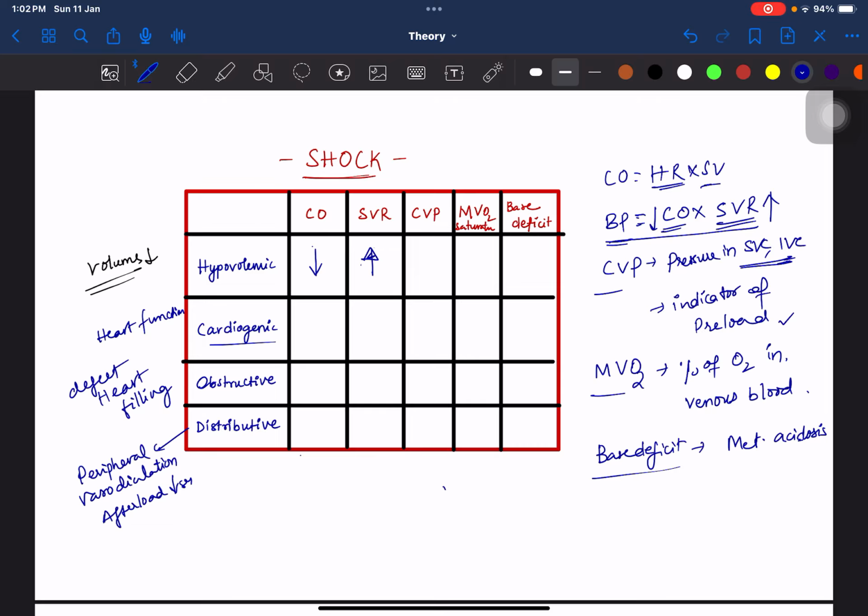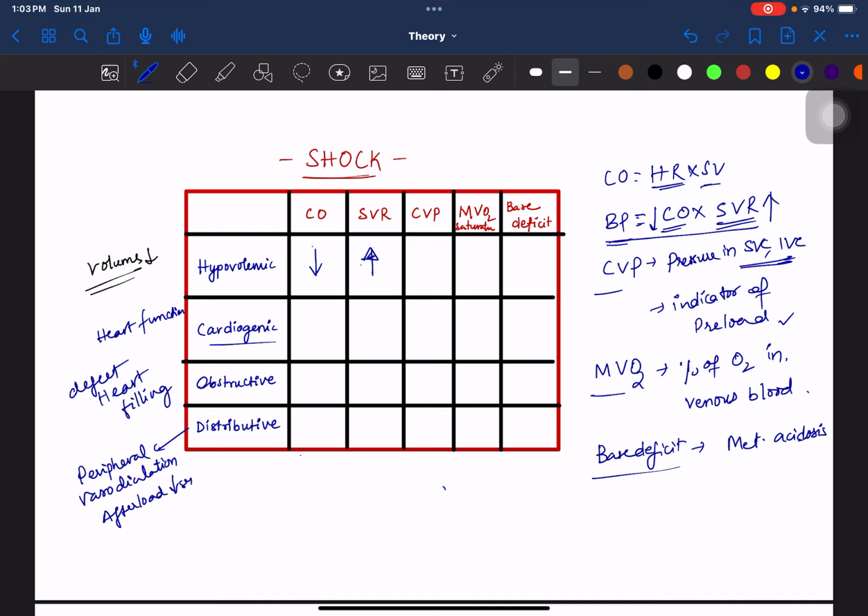Next, coming to the central venous pressure. First of all, what is it? The central venous pressure is the pressure in the superior vena cava and the inferior vena cava, and it is a direct indicator of pressure in the right atrium, and it's also an indicator of preload. It's basically the pressure exerted on the walls of the vena cava, right?